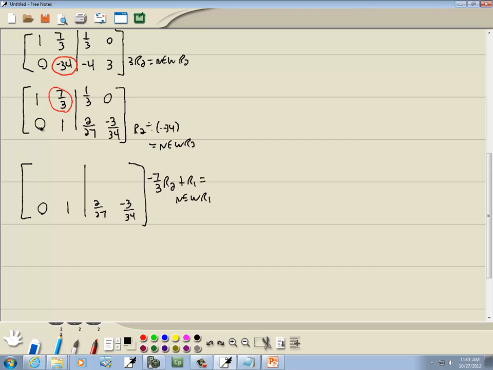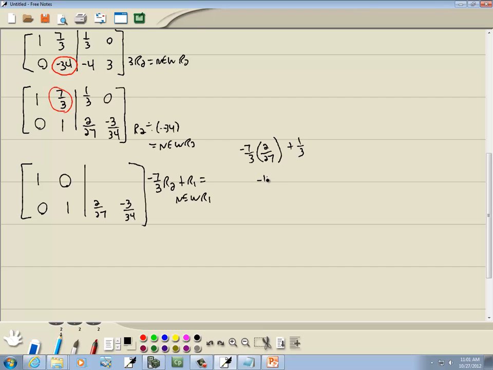Negative 7/3 times 0 is 0, plus 1 is 1. Negative 7/3 times 1 is negative 7/3, plus 7/3 is 0. Negative 7/3 times 2/27 plus 1/3.